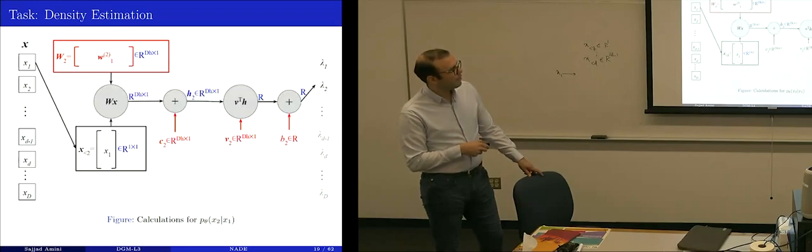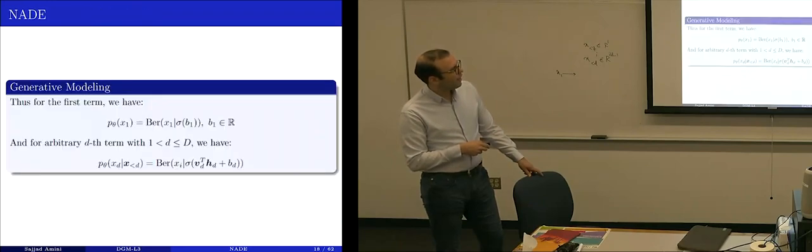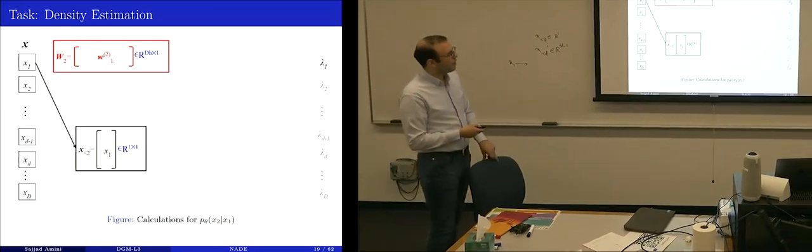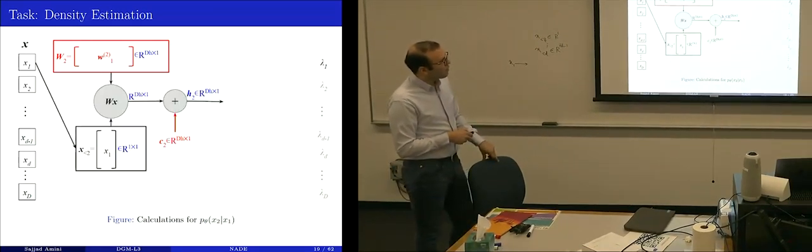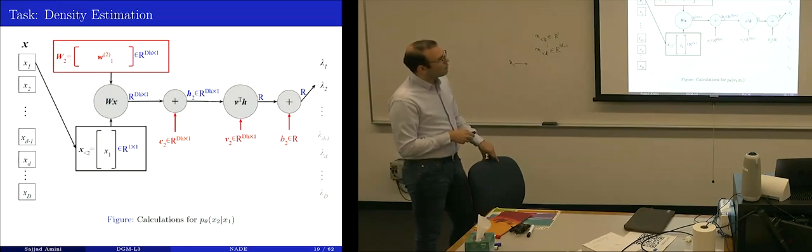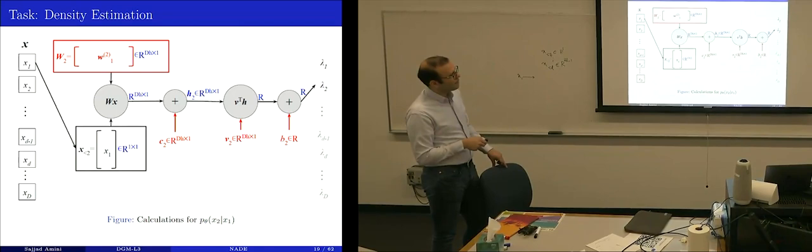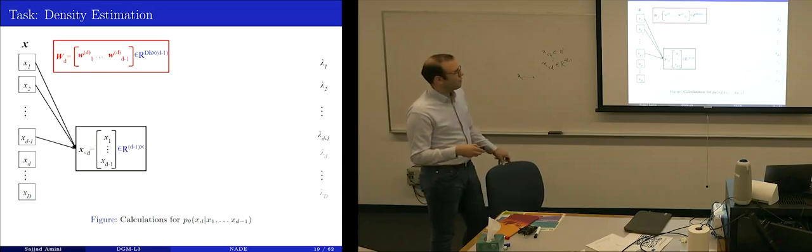It means that it is different. C2 here, and C1, we do not have C1 because the first element is not dependent on anything. These are different. But we can share both this matrix and this bias vector, so that we can have a better generalizable model in the case that you have access to a limited number of samples.